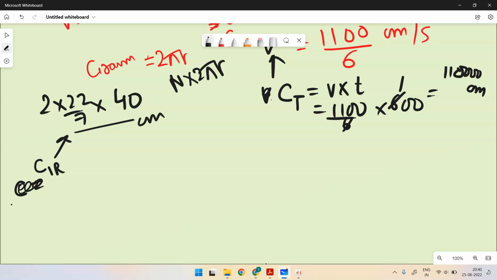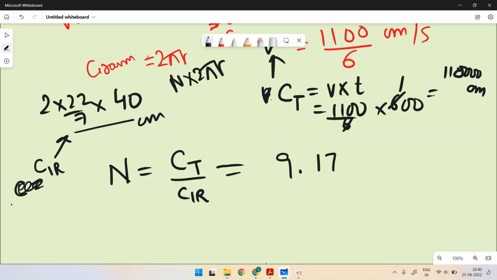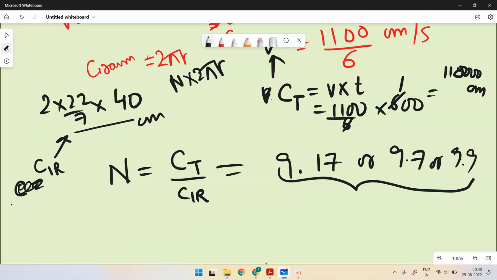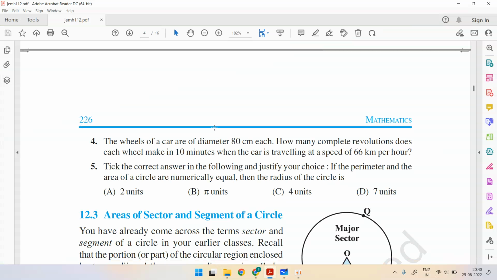So the number of revolutions will be distance traveled by CIR. And suppose if you get the value 9.17 or 9.7 or 9.9 also, then you have to take, since this is saying how many complete revolutions, it will be 9 only. So put the value, solve and get the answer.